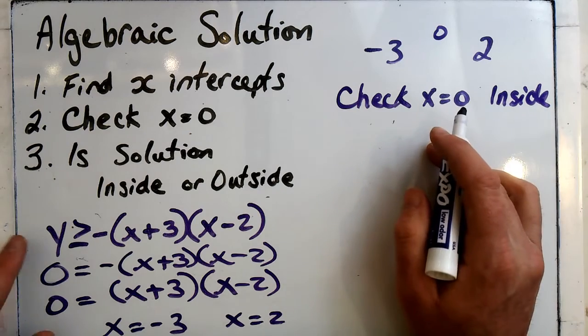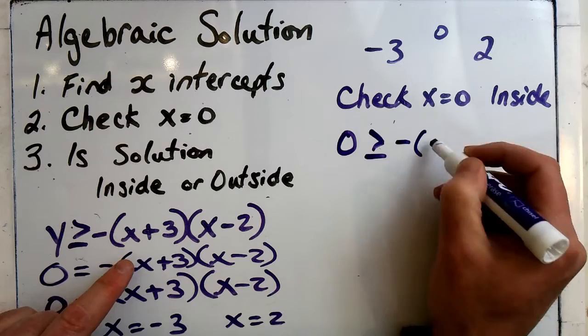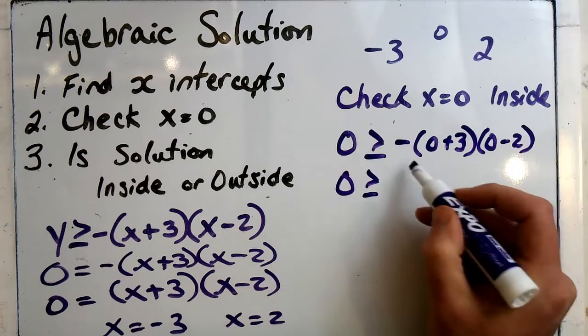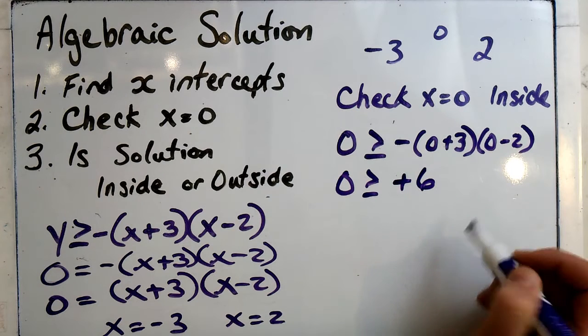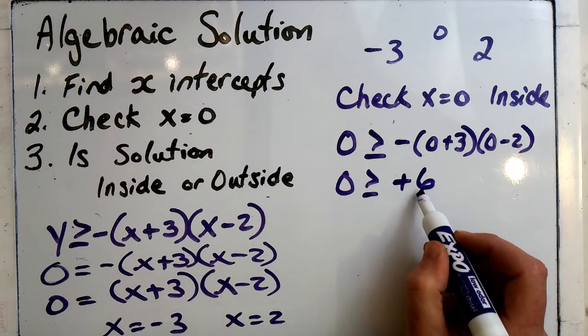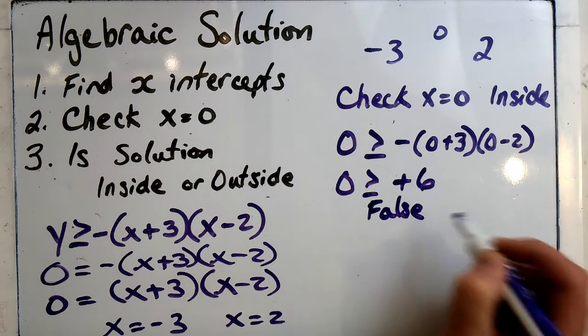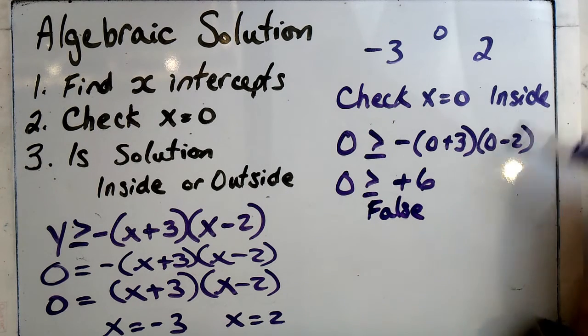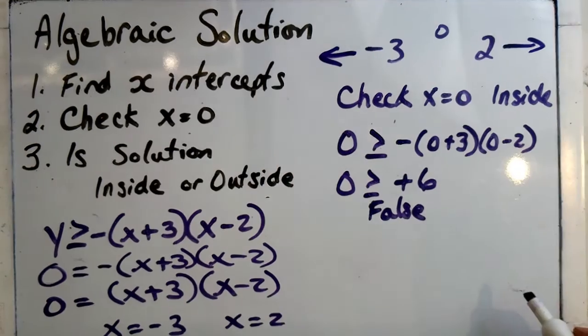So I go back to my equation. Y is always 0. And if I plug all this in, +6. 0 is greater. Actually, that's false. So we check 0. It's inside, and that's false. So the inside is not the solution, which means we need to show that the outside is the solution.